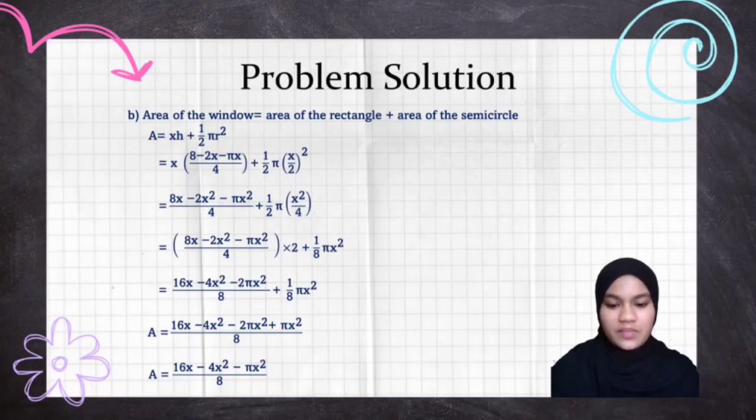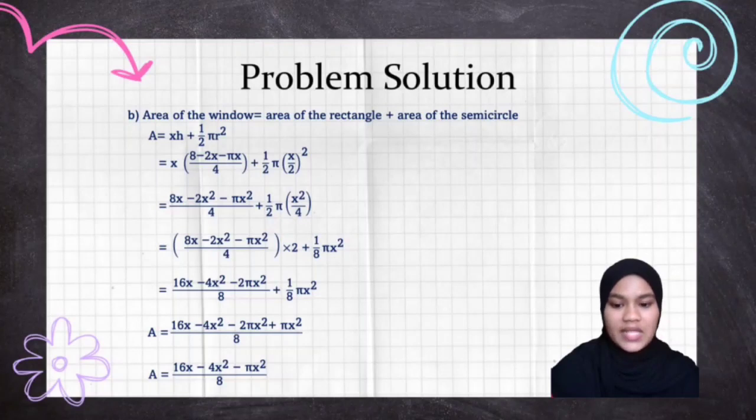After that, we multiply the 8x minus 2x squared minus pi x squared over 4 with 2. Then we got A equal to 16x minus 4x squared minus 2 pi x squared over 8 plus 1 over 8 pi x squared. After that, we simplify it.